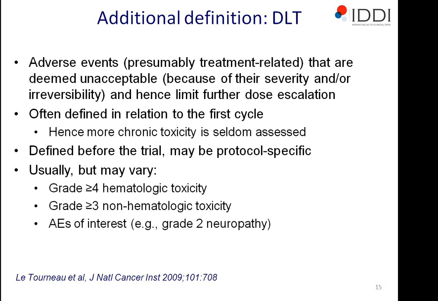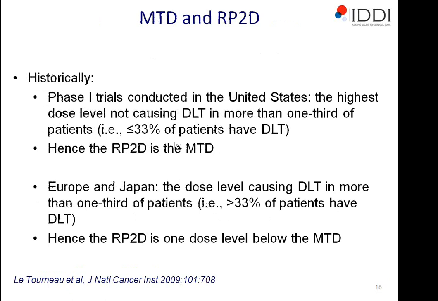So the definition of DLT may be protocol specific. And also, we should have in mind that DLT often refers to what happens during the first cycle, and hence phase 1 trials are not a very good setting for assessment of more chronic toxicity.